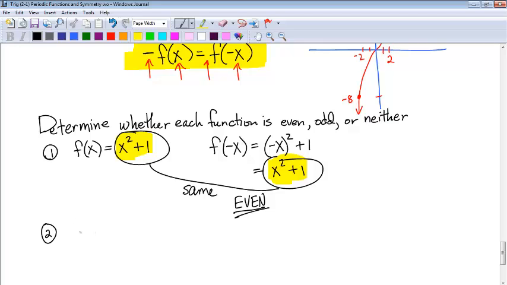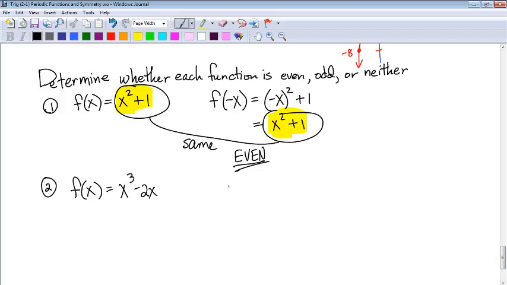Say I give you f of x equals x cubed minus 2x. Okay, everywhere you see an x, you're going to substitute in a negative x. So you'd have a negative x cubed minus 2 times a negative x. So a negative cubed is still going to be negative, right?